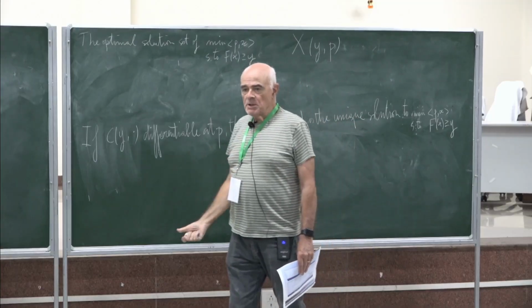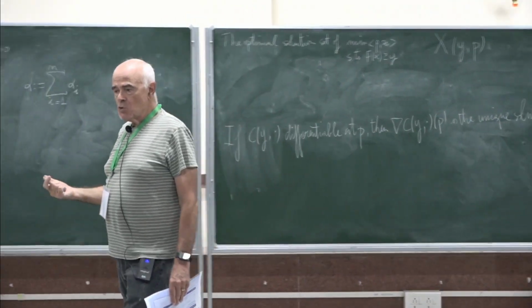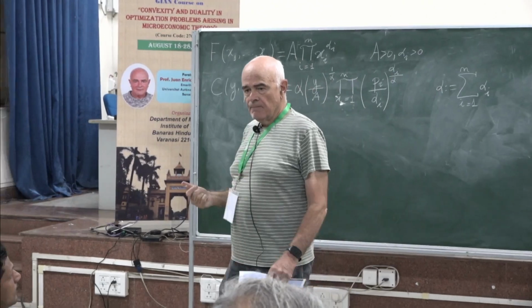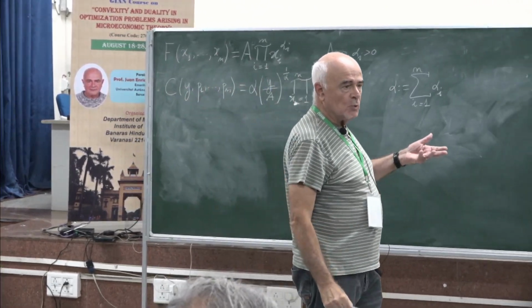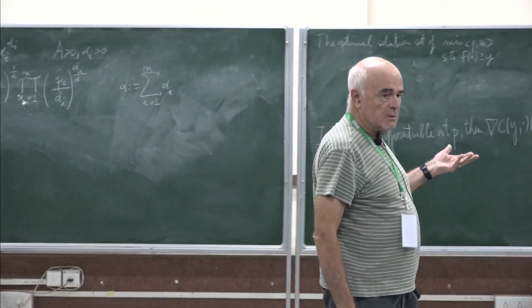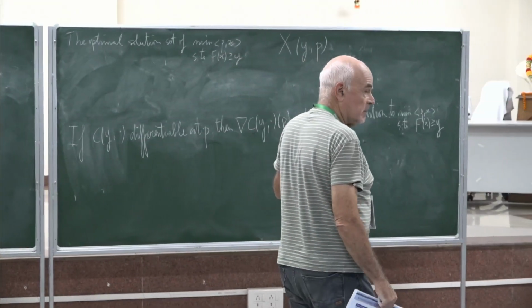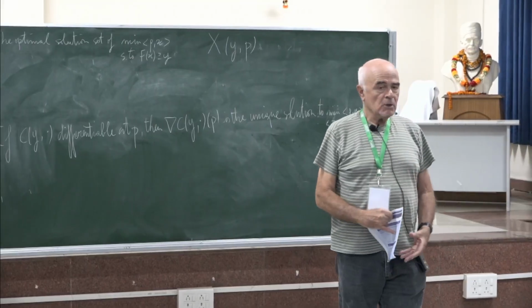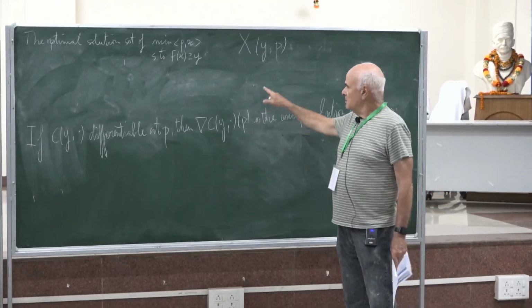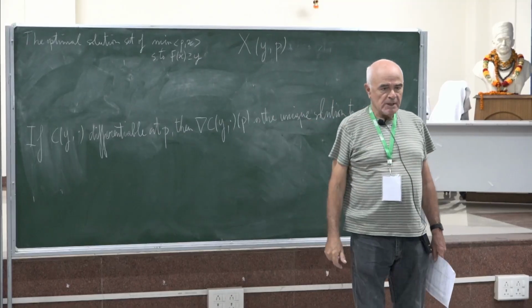This is a parametric optimization problem. It depends on two parameters, p and y. So for every pair p, y, we have a problem, and I called X(y,p) the optimal solution set.